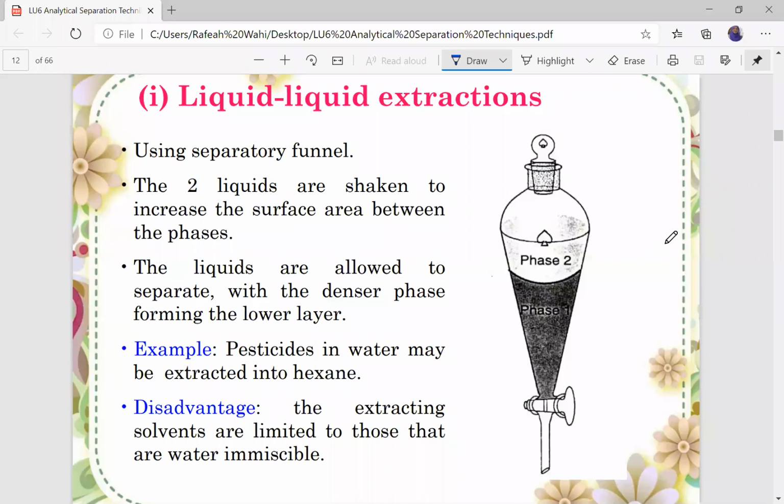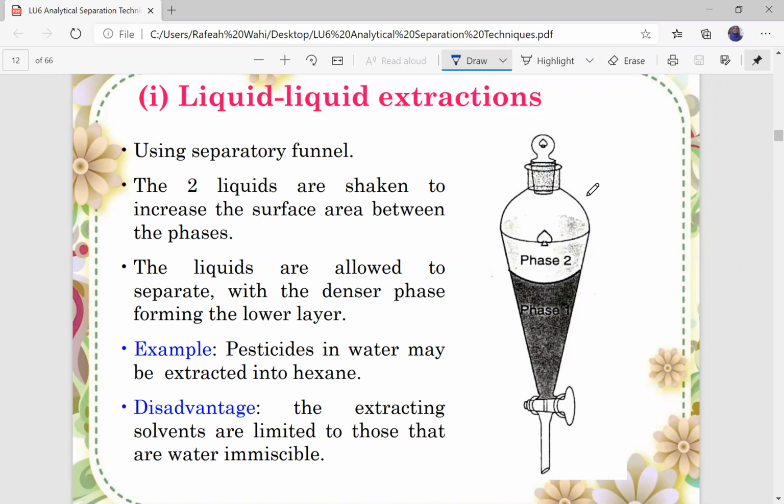Let's take a look at a very, very simple liquid-liquid extraction process. The simplest liquid-liquid extraction process is using a separatory funnel. If you look at the diagram on your right side here, it's a separatory funnel.